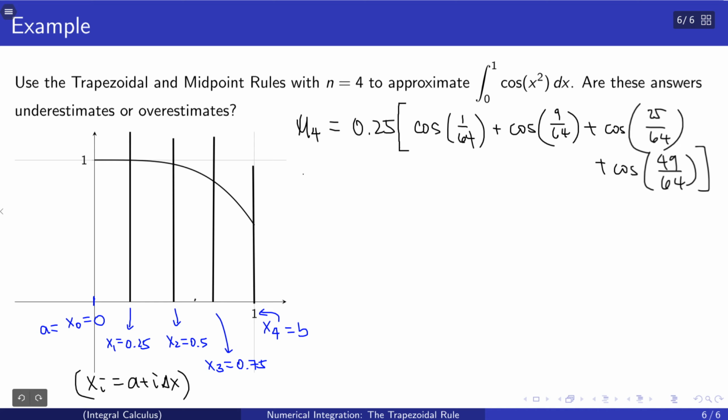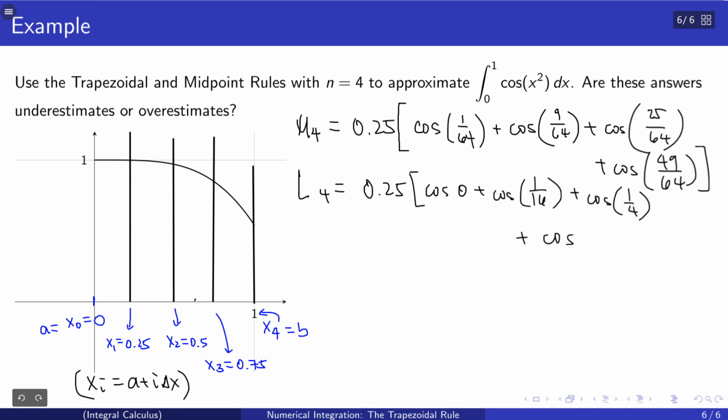Now using the trapezoidal rule, it's just, again, the average of left and right endpoint approximations. Right, so the left endpoint is, so let's compute that first. It's cosine 0 plus cosine 1 over 4 squared plus cosine 1 over 2 squared plus cosine 3 over 4 squared.